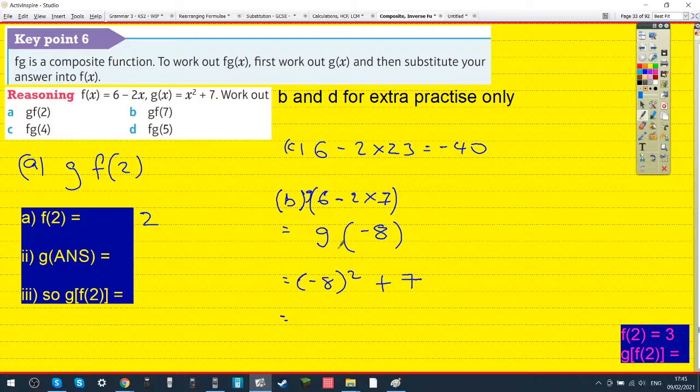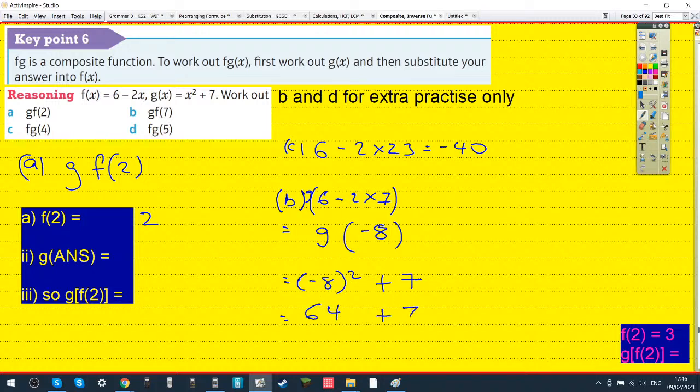A negative squared. Minus 8 times minus 8. Minus times minus is plus, and 8 times 8 is 64.